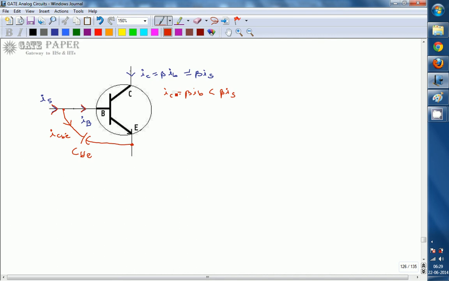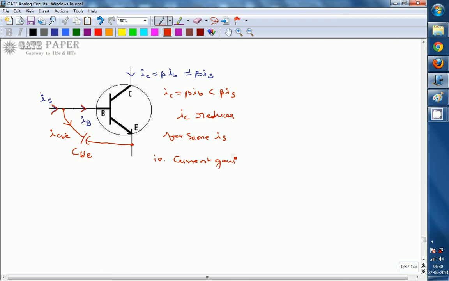So the current gain reduces: for the same IS value, IC reduces. For the same input signal current, the collector current is now less.